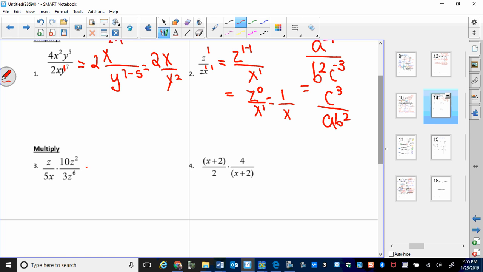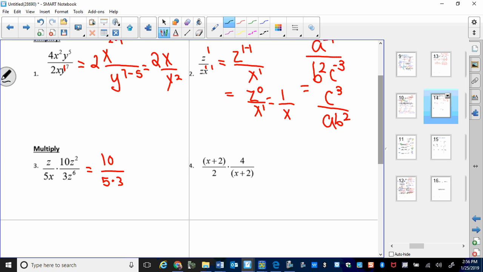So next, they're multiplying two things, but what we're going to do is address the stuff on the top and then address the stuff on the bottom and then kind of combine to cancel out. So I have 10 over 5 times 3.